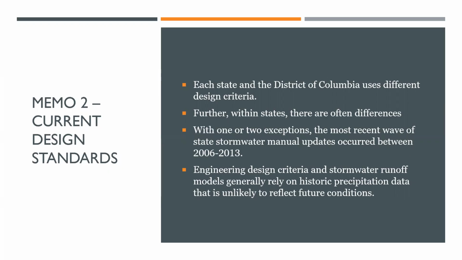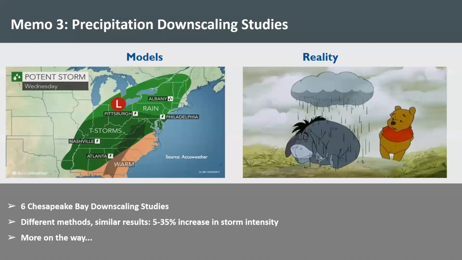And really why this is so important is all of these manuals rely on engineering design criteria that are based on historic precipitation data that's really unlikely to reflect future conditions. So that concept of stationarity, that the variability in precipitation is going to remain the same in the future as it has in the past, creates a lot of concerns for the long-term resilience of our stormwater infrastructure.